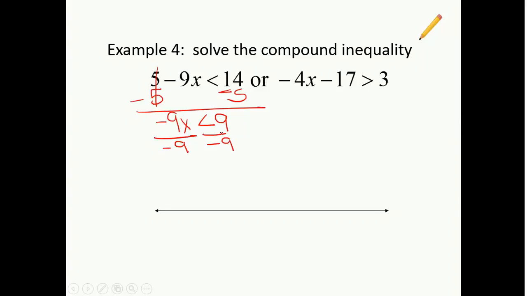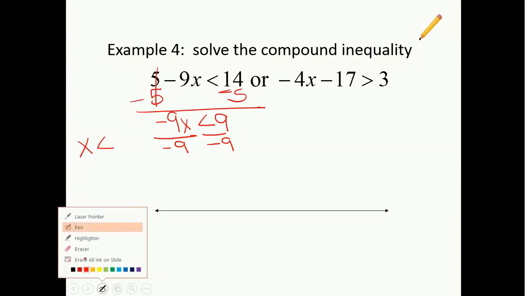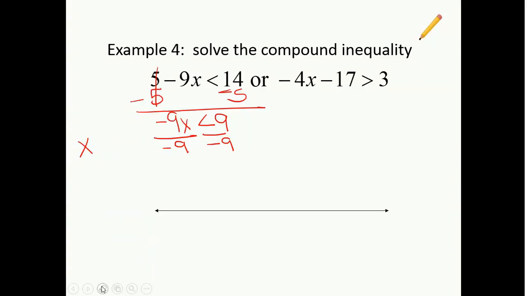Now, there should be a little warning light in the back of your head going, warning, warning, warning, dividing by negative. So I'm going to get x is less than 9 divided by negative 9. Oh, my warning light didn't work very well, did it? Should have flipped that sign. There we go. 9 divided by negative 9, well, that's negative 1. So I got one of my answers there.